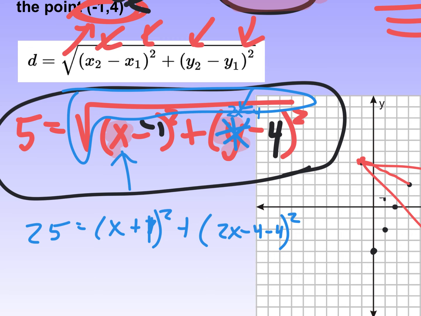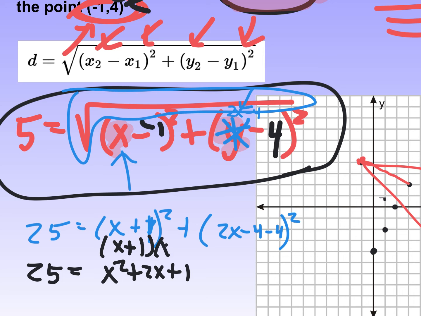All right. I know that many of you would be able to solve this, some of you would not, so let's just go a little further. X squared plus 2x plus 1, that was me multiplying this out. That's a top 20 thing because some kids really suck at algebra. Plus, and then this part has to be squared, but first I'm going to simplify it. 2x minus 8 and then squared.